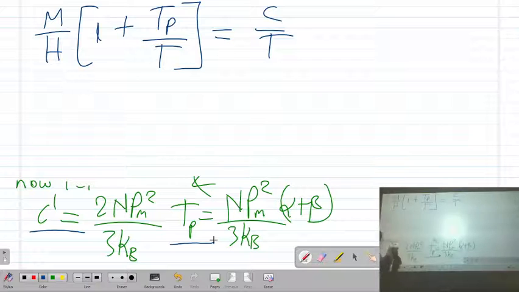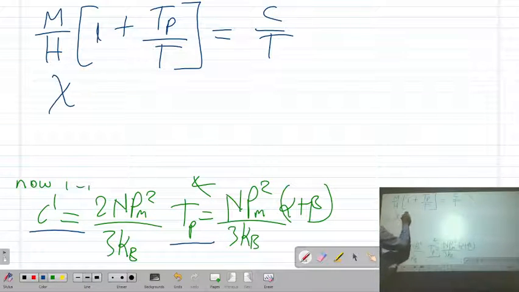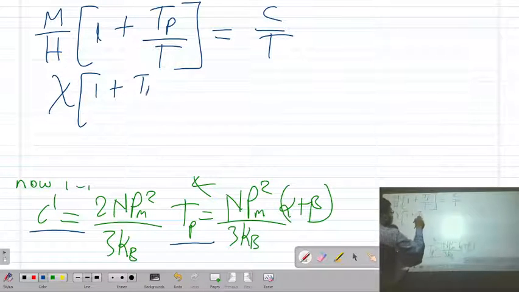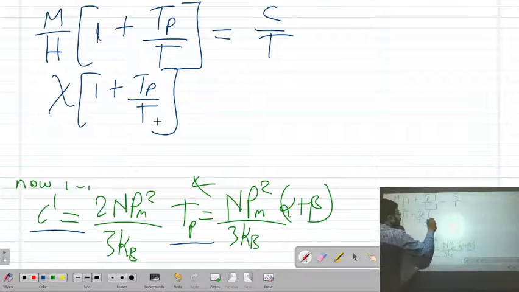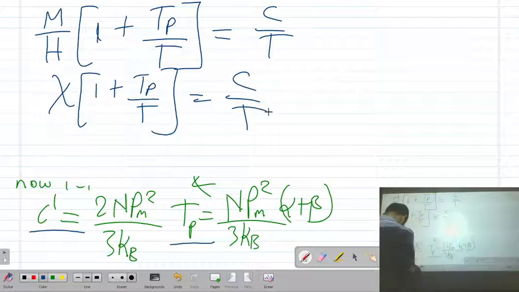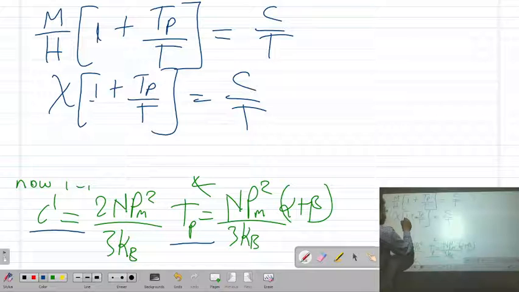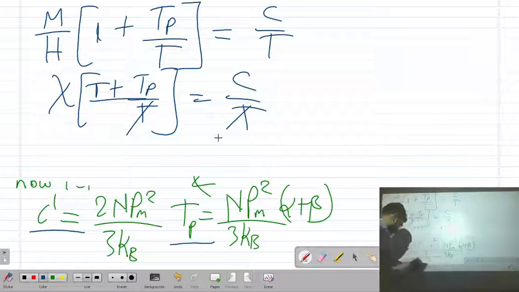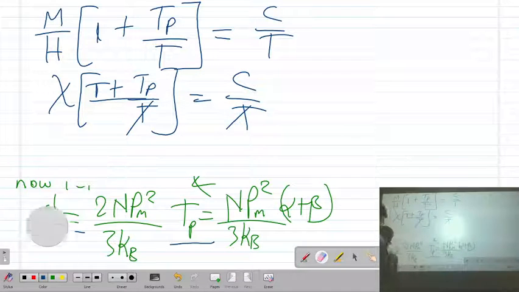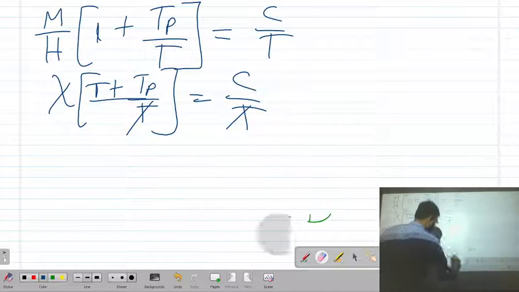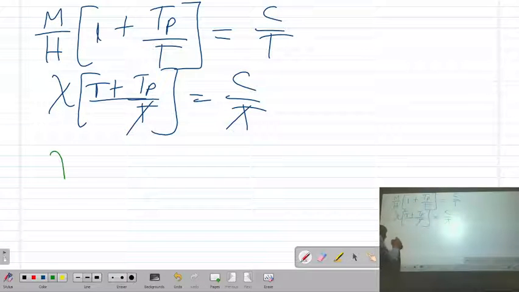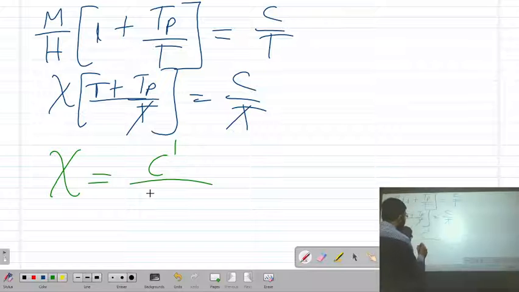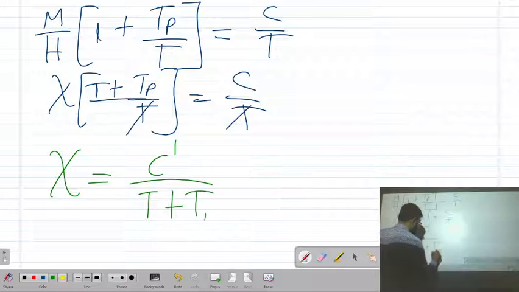This M by H is nothing but chi, so chi into 1 plus Tp by T is equals to C by T. This Tp by T will go to the other side, and this T and this T will be cancelled. So chi is equals to C dash by T plus T of P.